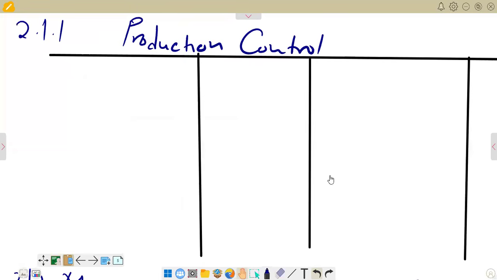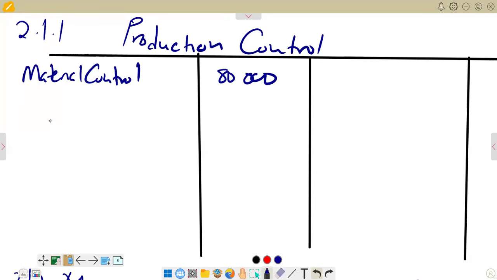So this is our production control. So what we are going to do, we're going to the debit side. That's why we're going to enter material control. And then the figure that we have for material control is 80,000. Then we also have our labor control. And then the figure that we have there is 90,000.